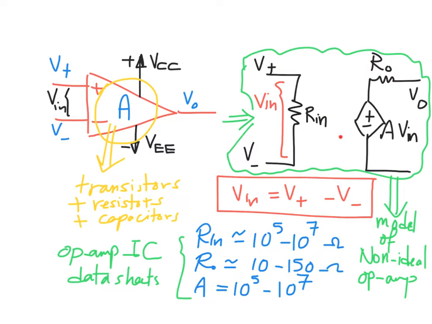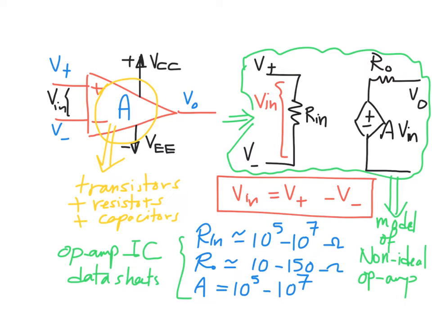On the other side, the output V has some output resistance Ro connected to a voltage source, which is a voltage controlled voltage source, equal to some gain A times Vn. So here we can see from this operation that Vn equals V plus minus V minus.